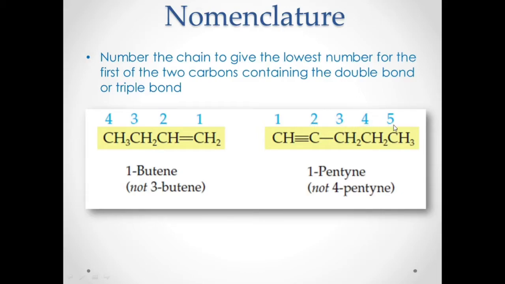Not the opposite, like 1, 2, 3, 4, because that will give you the name 4-pentyne, which is not the lowest number for the first two carbons that contain the triple bond. So the numbering would be 1, 2, 3, 4, 5. That will give you the lowest, which is actually the name 1-pentyne. Okay. Next.